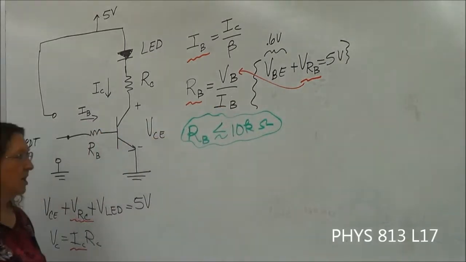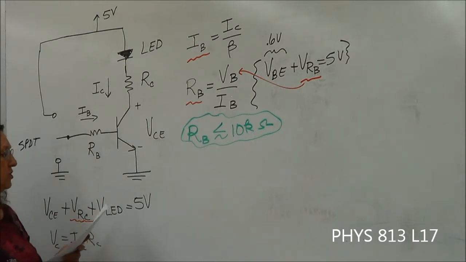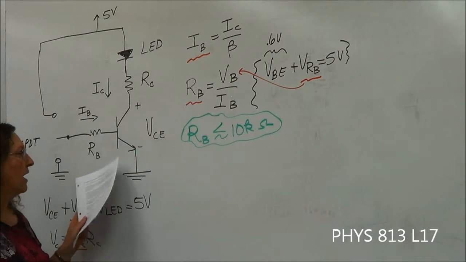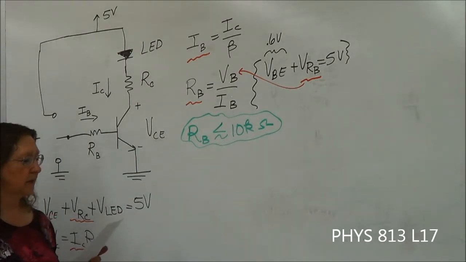So if you get something really different than that, then you haven't done your math right. On the next page, it says to choose a resistor that's less than or equal to this. There's a reason why we want a smaller resistor, and I'll talk about that again in just a bit.